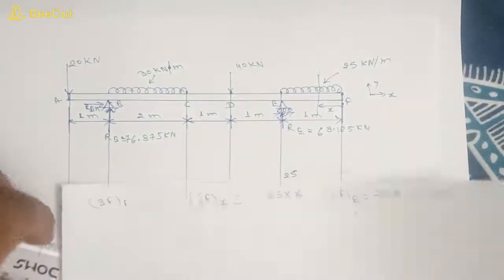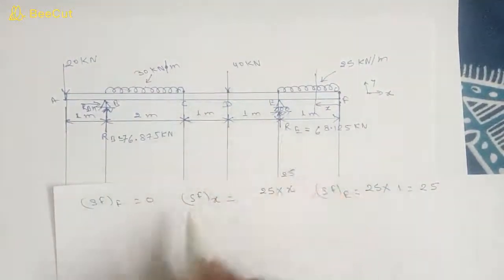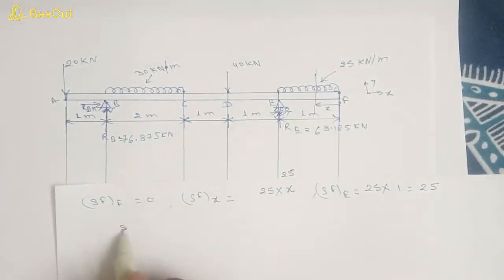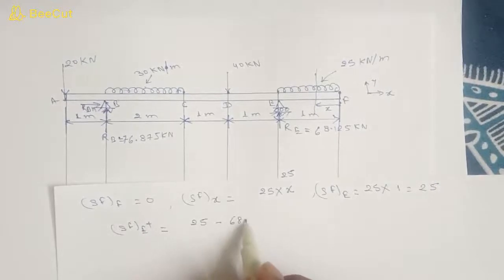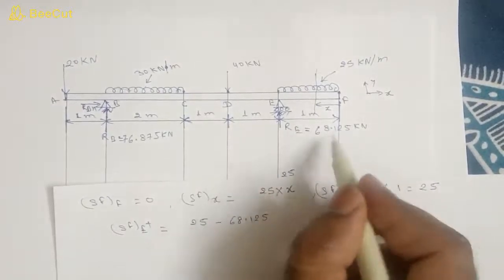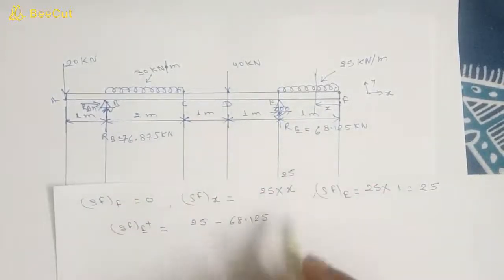Now we are getting a reaction RE which is upward, so it will be negative. So shear force after E is 25 minus 68.125. It is acting upwards, and this is downwards, so it will become negative.